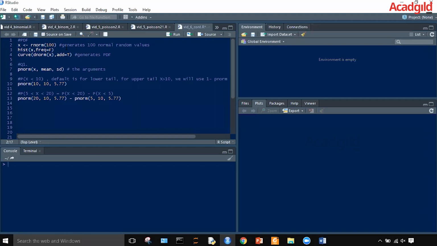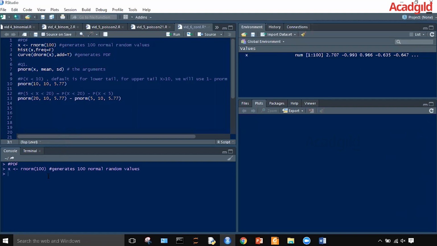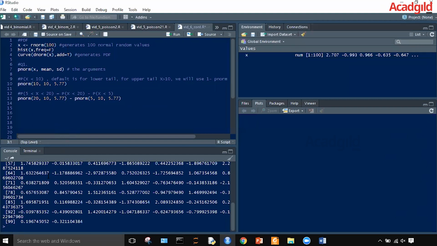Now as I run the statement, we can see that x has a vector of random variables which follow the normal distribution. Here, one more thing is very essential for us to understand: the mean and the standard deviation belong to the standard normal distribution, which is 0 and 1 respectively. That is, we can see negative signs in the vectors as well.